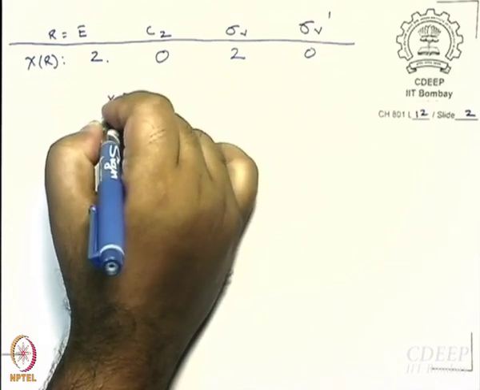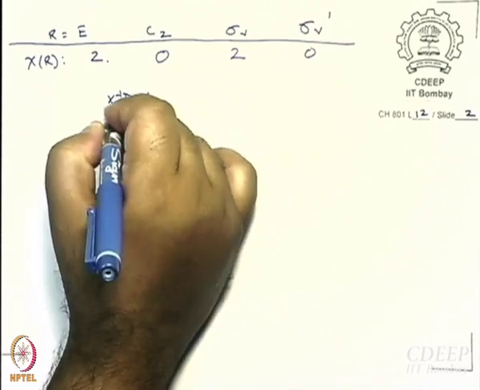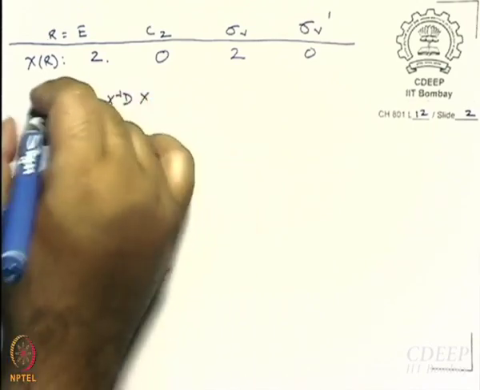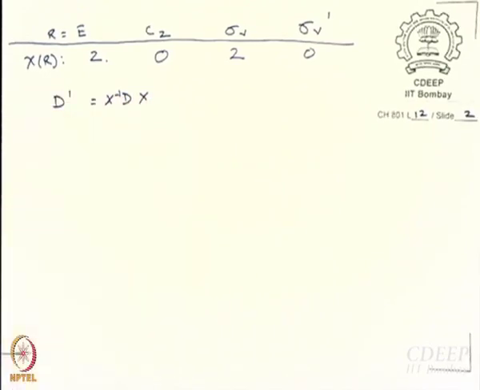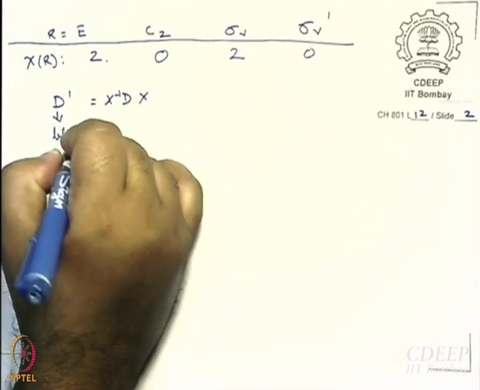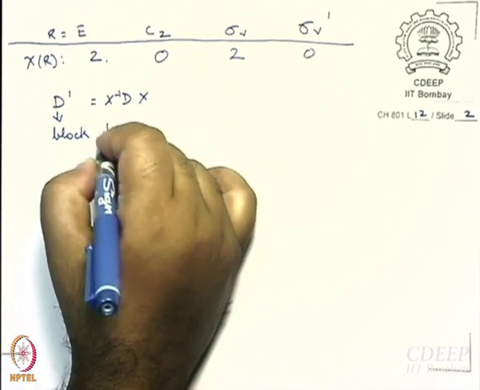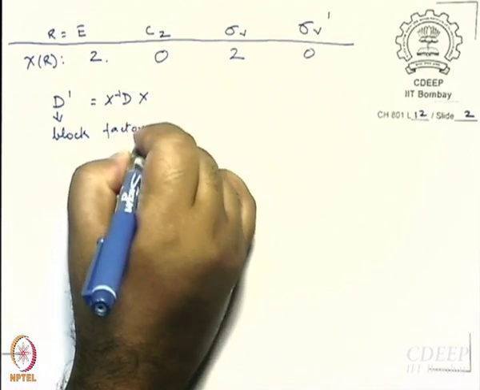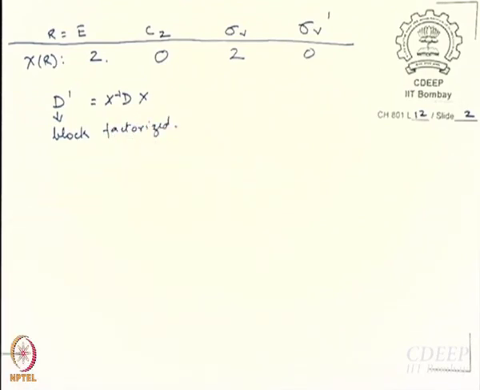I can perform some similarity transformation, I do not know what X is, to get these D dash matrices which are block factorized. I do not know what they are, but if I block factorize, I can write down the matrices that I will get.